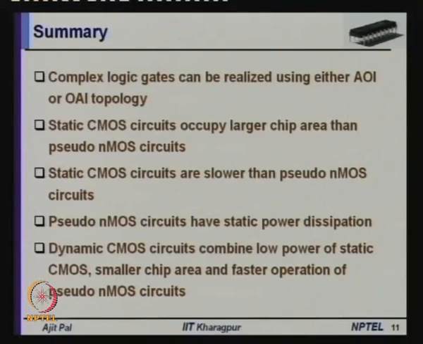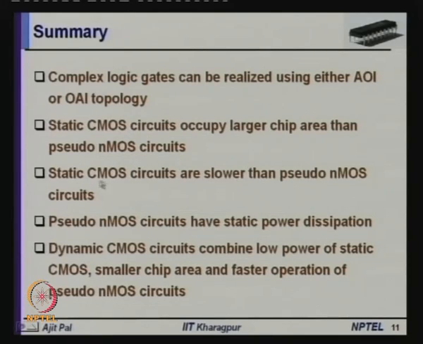So, we can summarize what we have discussed today. We have seen that complex logic gates can be realized using either AND-OR-invert or OR-AND-invert topology. We have discussed how it can be done, and we have mentioned that static CMOS circuits occupy larger chip area than pseudo NMOS circuits.